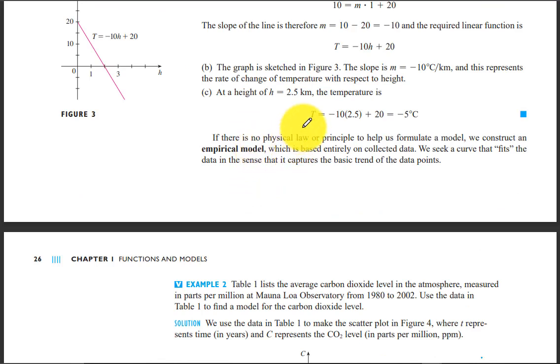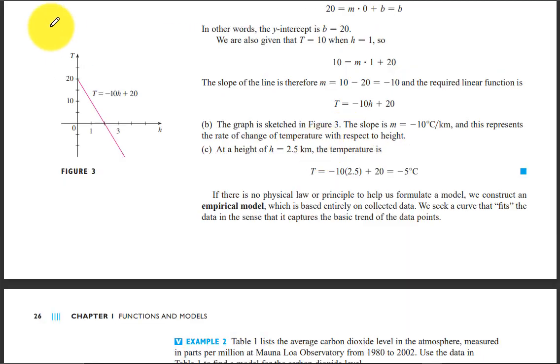Now, they say here, sometimes we don't have any theoretical way to come up with our model. So then what we might do is look at past data. So we might say, oh, let's look at our records. When x was this, our cost was here.